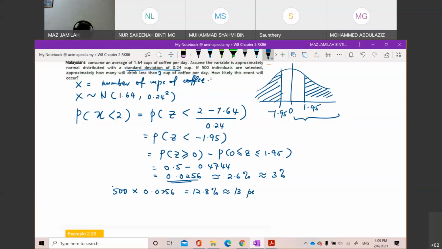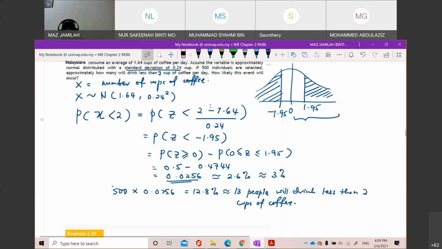So 13 people will drink less than 2 cups of coffee. How likely will this event occur? Very small probability. So this event is unlikely to occur. Of course, you have to write down the full sentence, but just to simplify, this one will be unlikely to occur.